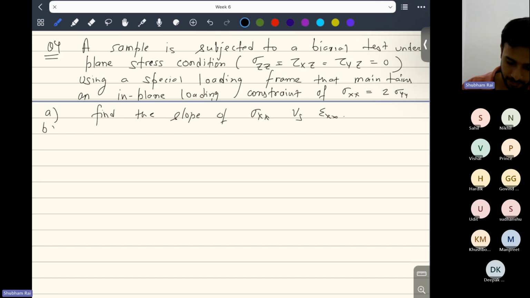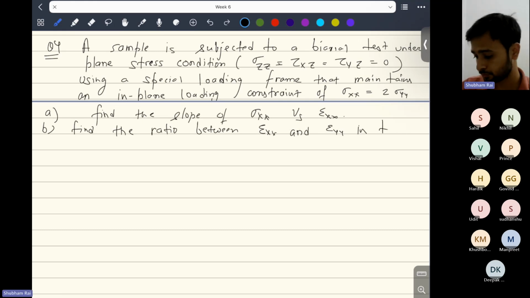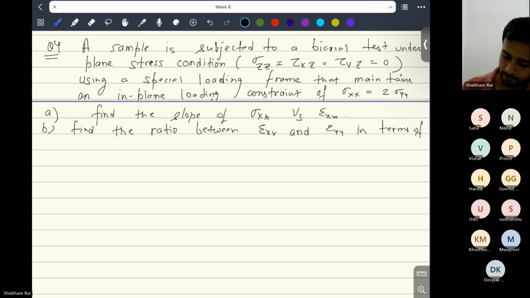In the second part, you have to find the ratio between epsilon xx and epsilon yy in terms of Poisson ratio, in terms of mu.